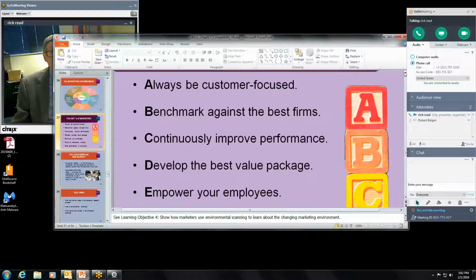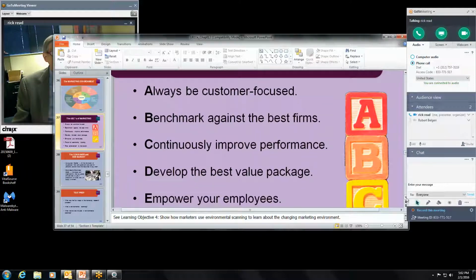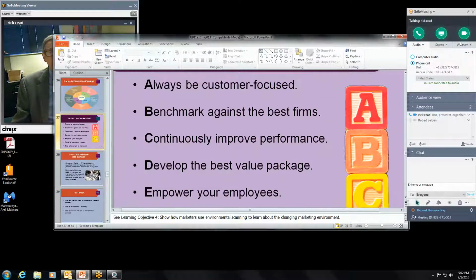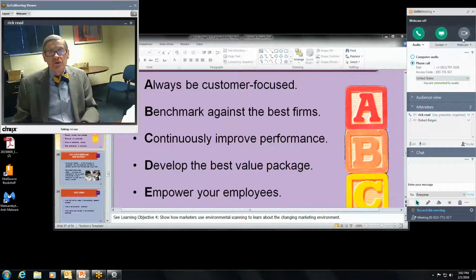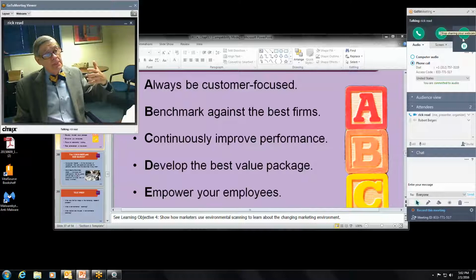This particular slide talks about the ABCs of marketing, and I don't really think here that there's anything that should shock anybody. Customer focus, and I think the one that is probably as important as customer focus is to evaluate, if you will, analyze what your company does against a leader in the field, known as benchmarking.